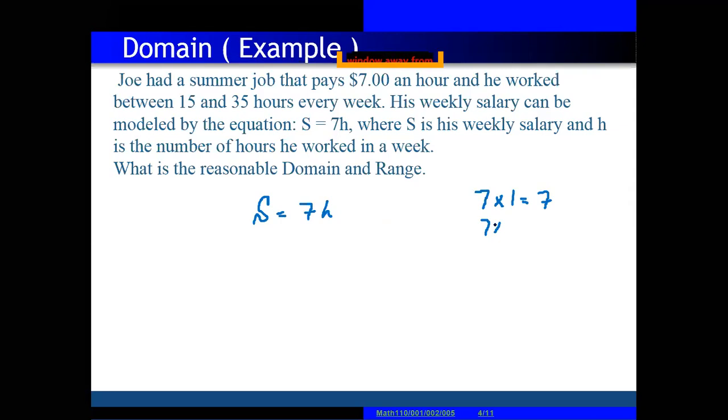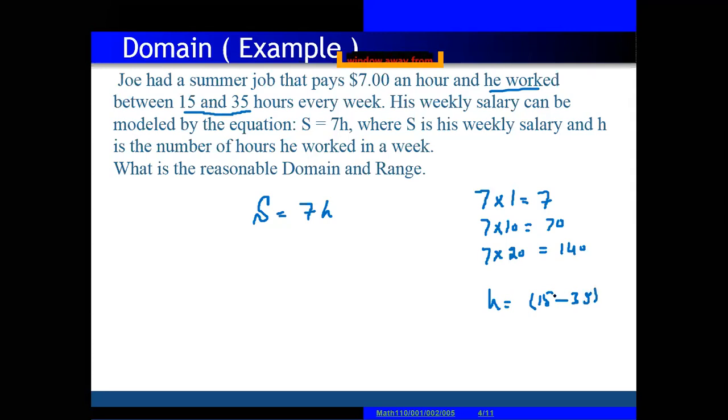If you work for 10 hours, 7 multiplied by 10 equals 70. If you multiply 7 with 20 hours, it equals 140. You can see here that he worked between 15 and 35. These are work hours H. Range of H is from 15 till 35.